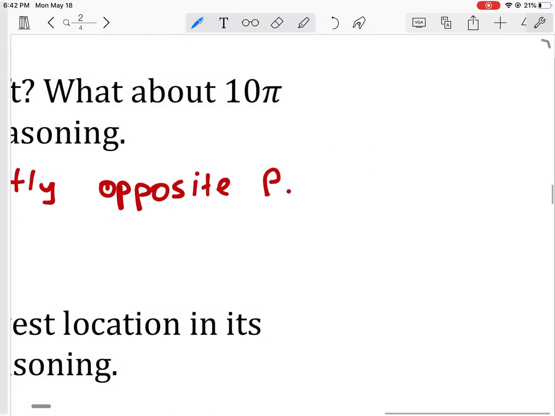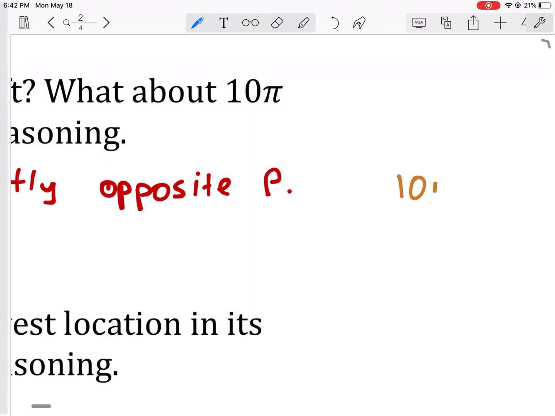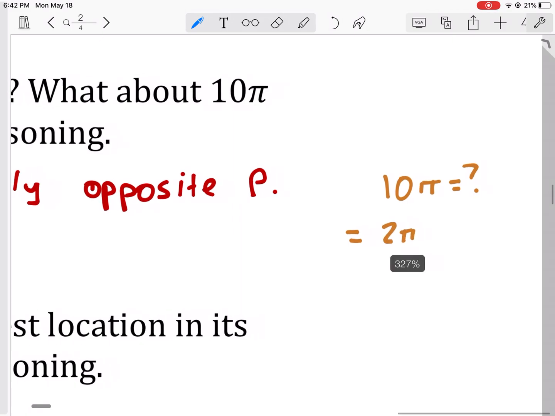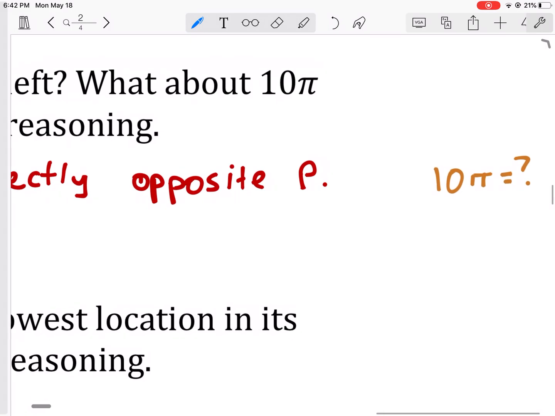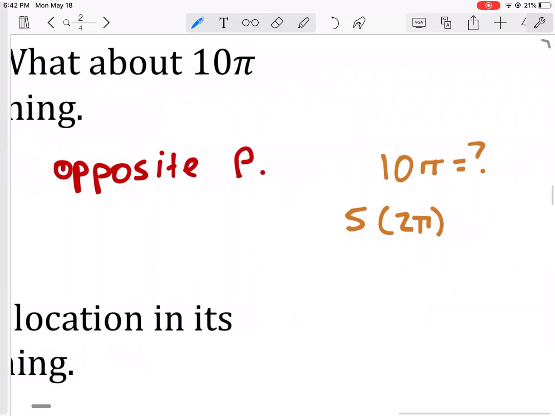Well, one time around is 2 pi. Go down here and write this. Let's think, what is 10 pi? Well, it equals how many 2 pi's? I'd have to add 2 pi 5 times, or really just 5 times 2 pi. That would equal 10 pi.